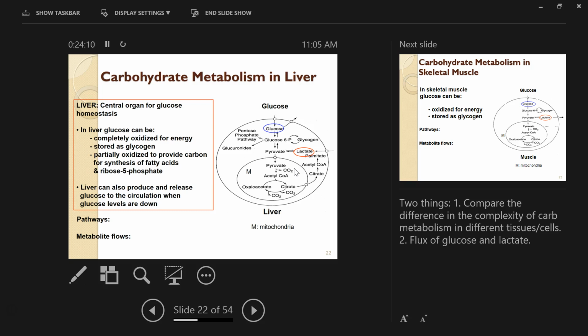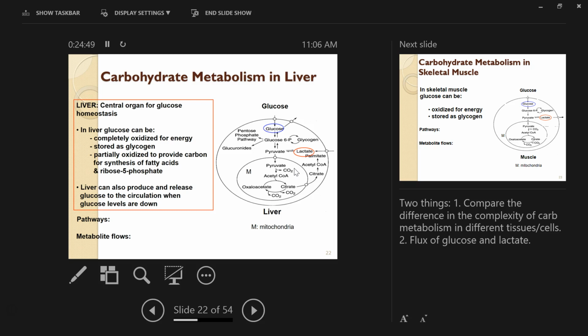Liver can do glycolysis and the TCA cycle for complete glucose oxidation, and liver can also do glycogen synthesis, glycogen breakdown, gluconeogenesis and the pentose phosphate pathway. So it's very active in glucose metabolism and can do all five glucose metabolic pathways.